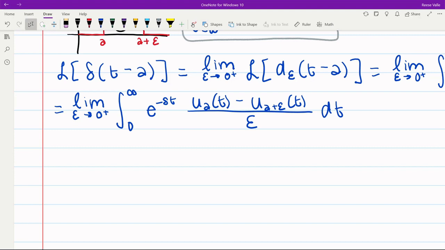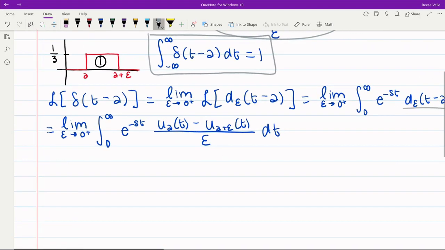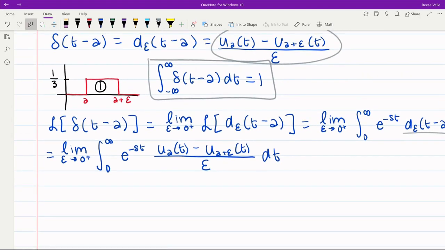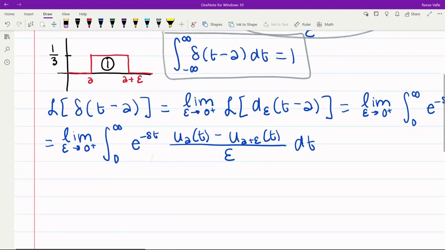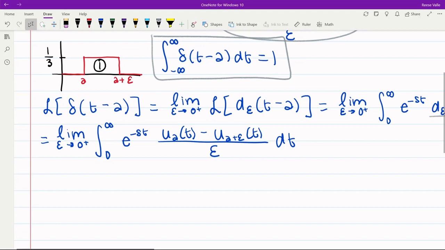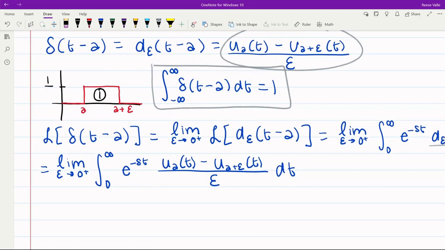And then, you know from the graph that from the bound 0 to infinity, it's 0 everywhere else besides a and a plus epsilon. That's when it quote unquote activates. You know that the height is going to be 1 over epsilon, so we can substitute that.